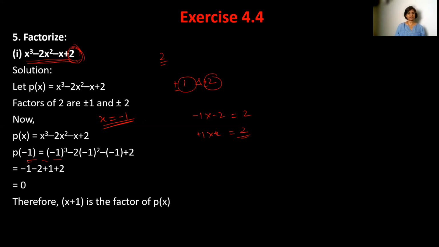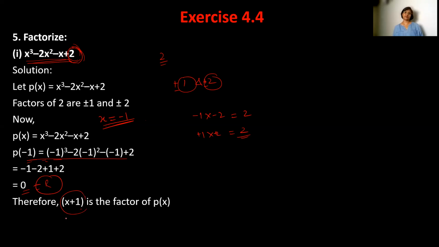After solving this, as we have done many times in previous questions, we get 0. That means the remainder is 0. Therefore x plus 1 is a factor of p(x).